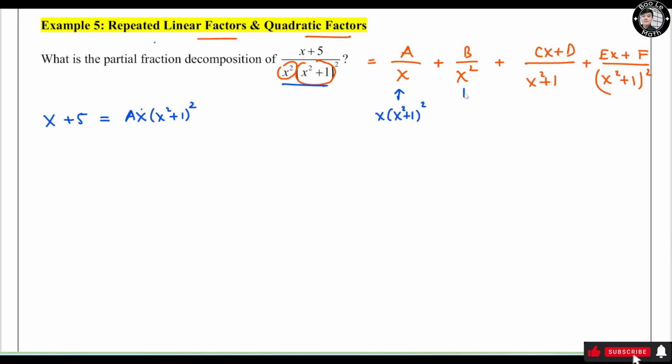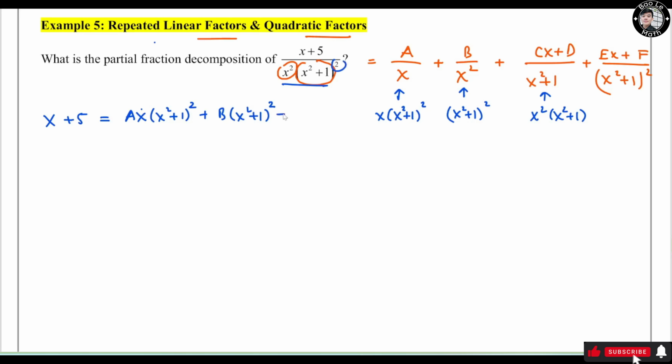Now for this one right here, you mix s squared plus 1 all together squared, so you're going to multiply by b. It could be b times s squared plus 1 all together squared. For this one, you mix s squared outside and s squared plus 1, because you have s squared plus 1 squared.